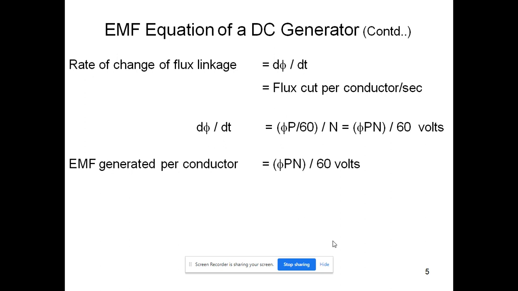If it is for one conductor, then it will be always phi N P by 60 into 1, which is nothing but phi N P by 60 volts.